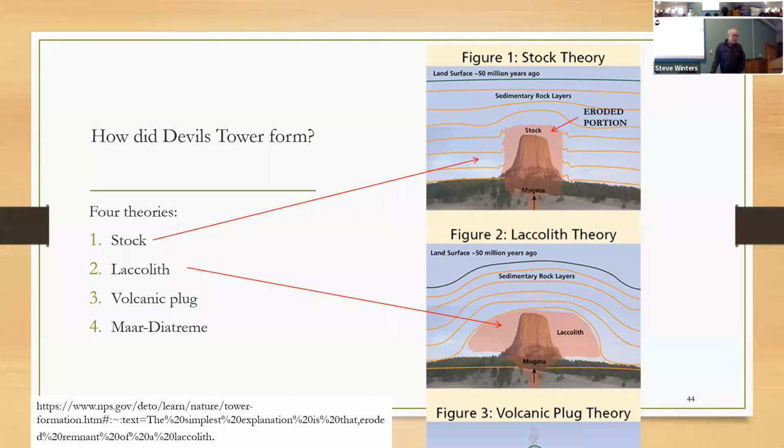What's left is the tower structure. That's one theory. Could be something called a laccolith. That would be some kind of blob of lava embedded between layers of sedimentary rock. It didn't break through the sedimentary rock like the stock did, but it just cooled in place like a blister. Could be a combination of those two, actually.